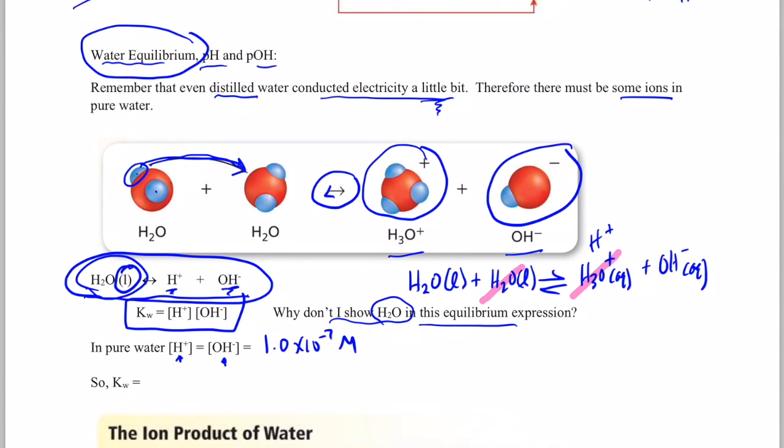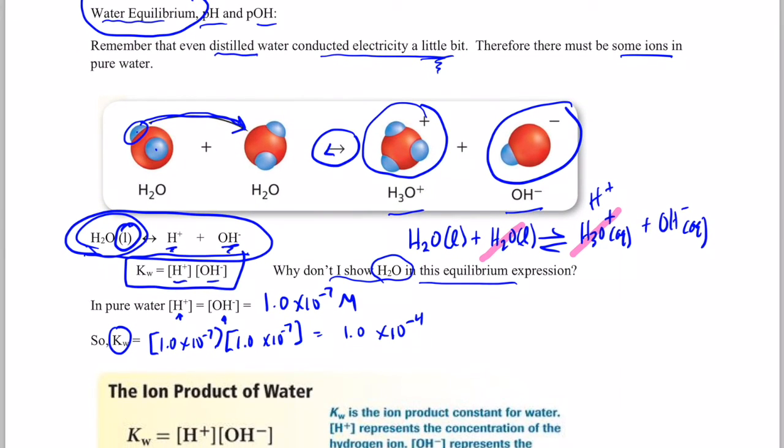And that also turns out to be the equilibrium concentration of hydroxides in pure water. So if I wanted to solve for Kw, and I know these two concentrations, I should be able to do it. Kw equals 1.0 times 10 to the negative 7th times the hydroxide concentration, which is also 1.0 times 10 to the negative 7th, which will equal 1.0 times 10 to the negative 14th.